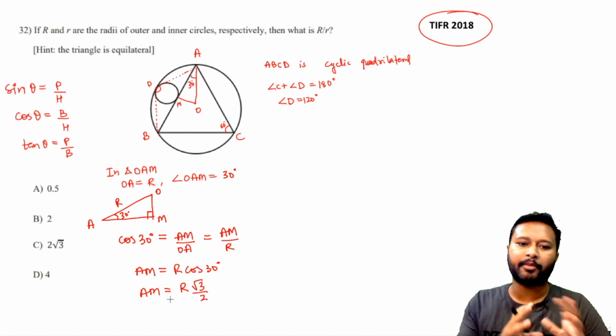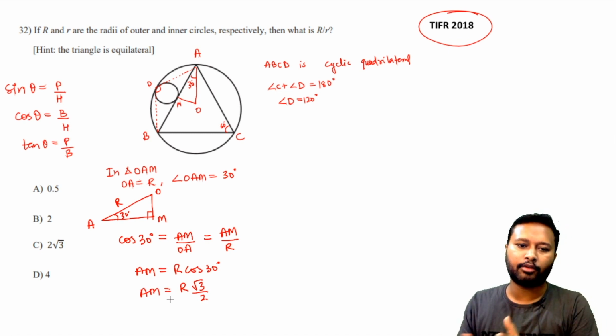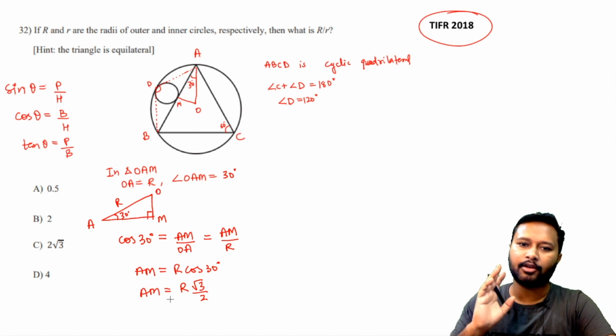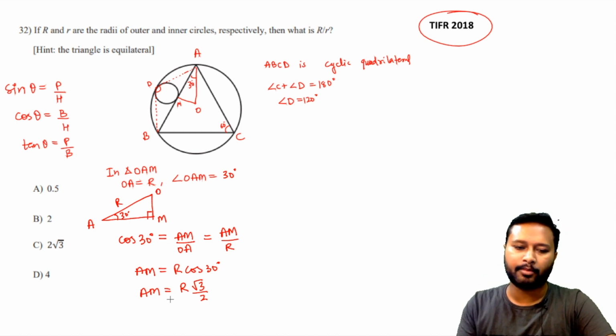Now you need to remember the values of all these trigonometric functions. There is a shortcut trick to remember that. I have discussed that in a lot of my videos wherever I have discussed mathematics. I hope you remember that. So cos 30 is root 3 by 2, and I have directly substituted that value here.